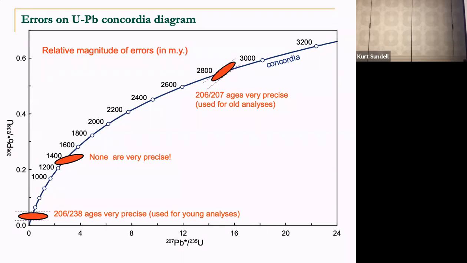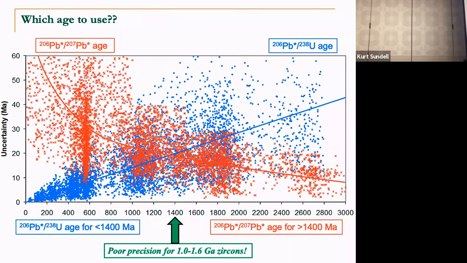For young grains, our error ellipses look much more like this. We get really precise 206/238 ages. We don't do very well on the 207/235. And then in this range here, our ellipses are kind of wonky and we don't actually do a great job of measuring either very well. We've got a lot of imprecision there.